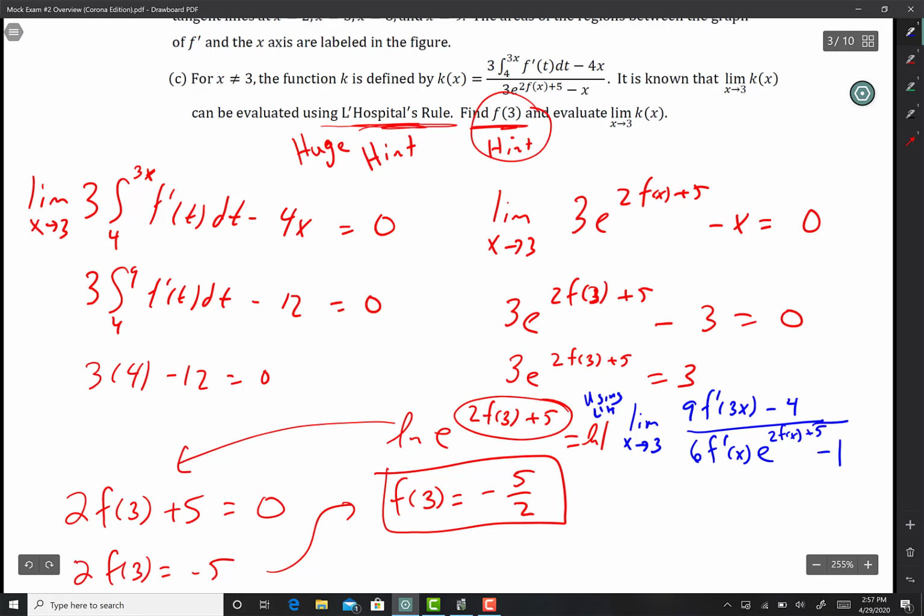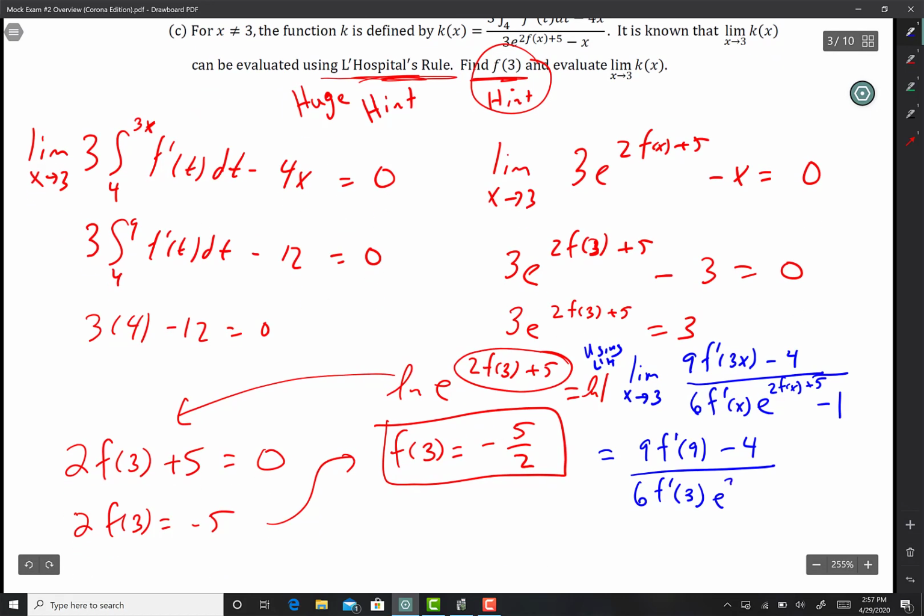All right, so now let's plug in a 3. When I plug in a 3, I get 9 f prime of 3 times 3 is 9 minus 4 over 6 f prime of 3. And then e to the 2 times f of 3. And f of 3 we already know is negative 5 halves.